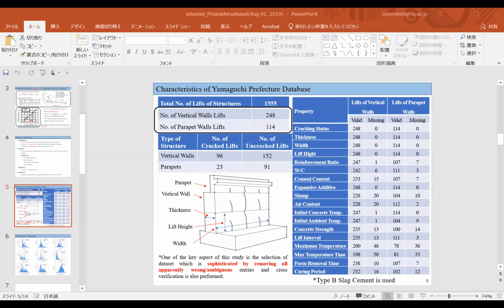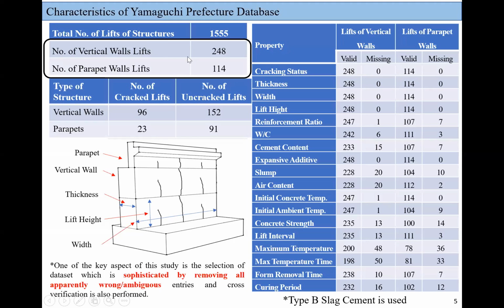So he used the database. For example, 248 was the number of lifts which he could use. Do you understand? Some information was missing among the 248, so he could not use all of them.